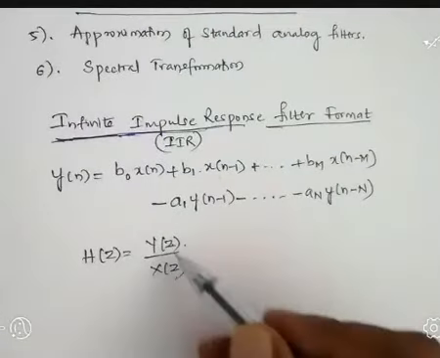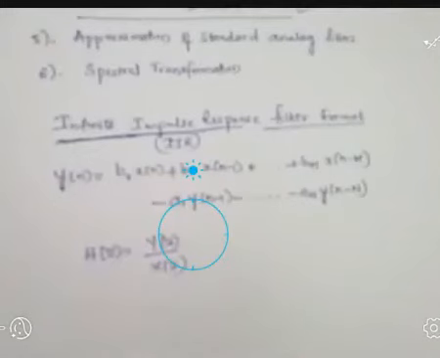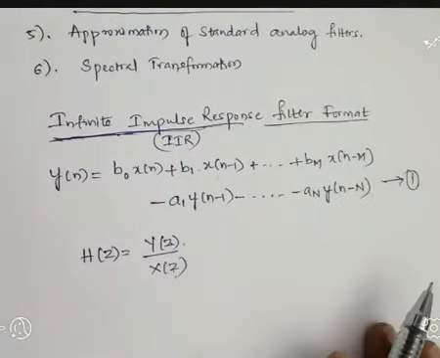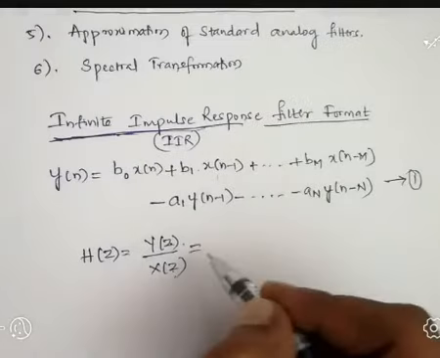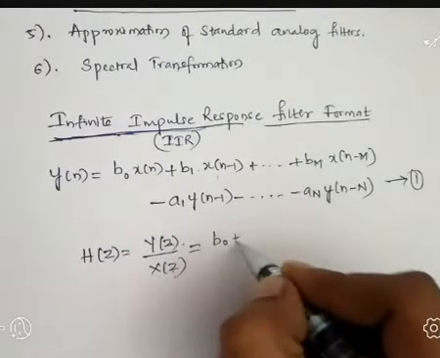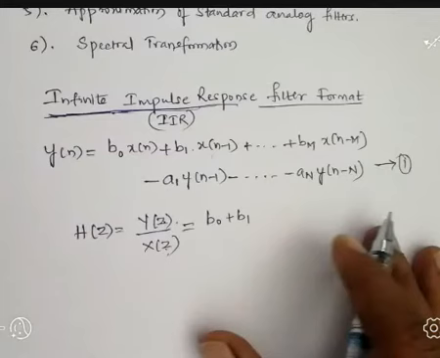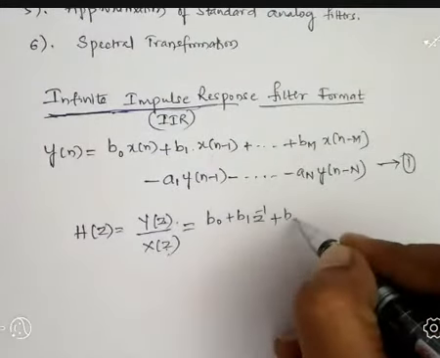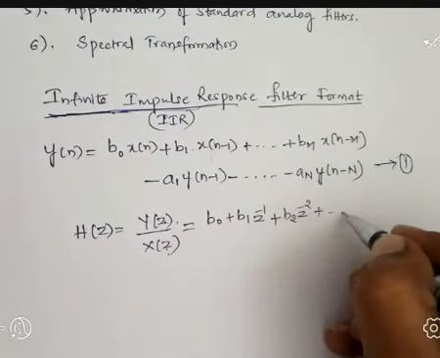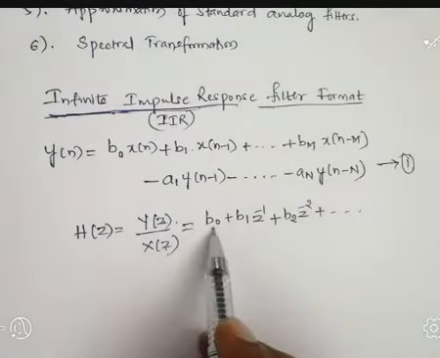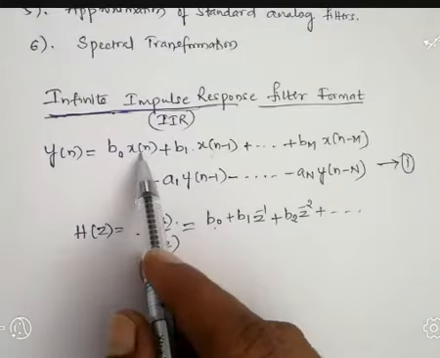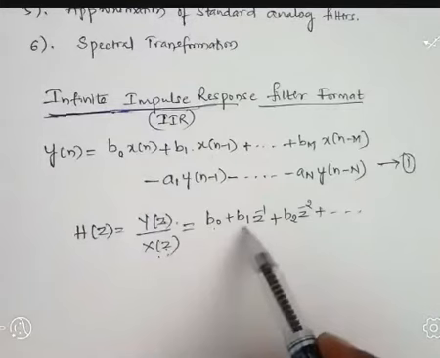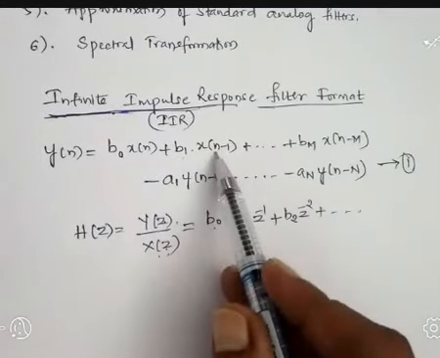Say we are representing this as equation number 1. Let us rearrange the terms and take the z transform. Then we are getting b0 plus b1 z to the power minus 1 plus b2 z to the power minus 2, and so on. The Z transform of b0 x of n is b0 X of z, and this will be taken at the numerator. Then the Z transform of b1 x of n minus 1 is b1 z to the power minus 1 X of z.